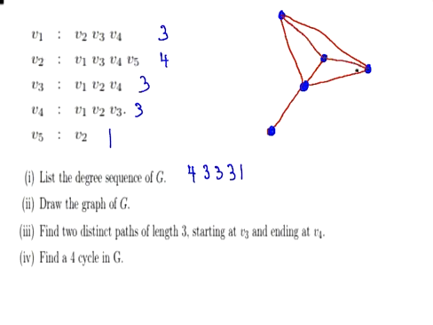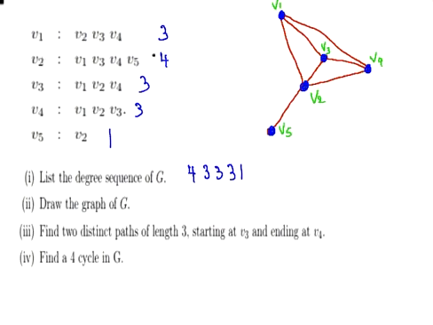So let's look at this now. First off, in the middle, we have vertex 2, and it is connected to vertex 1, vertex 3, vertex 4, and also vertex 5. Vertex 1 is connected to vertex 2, vertex 3, and vertex 4.